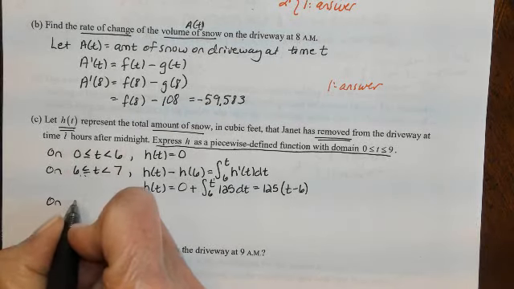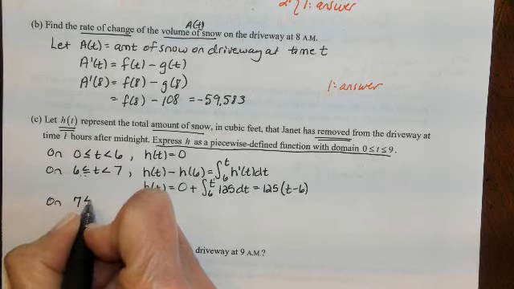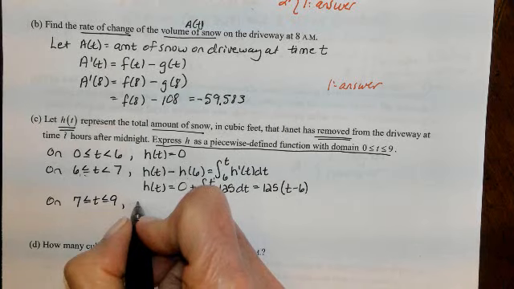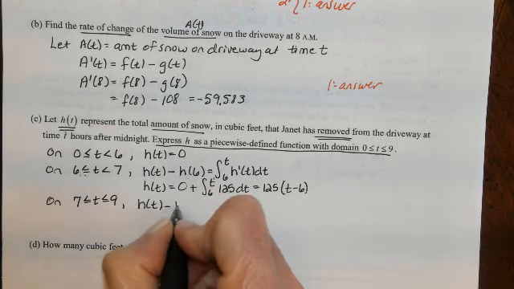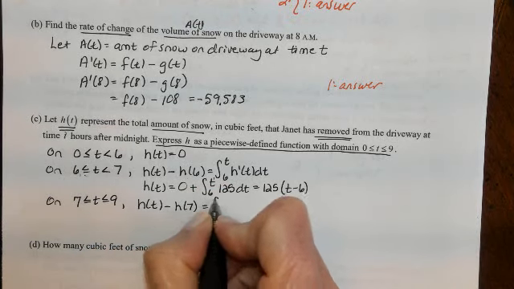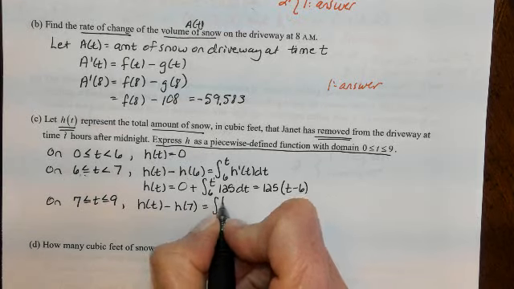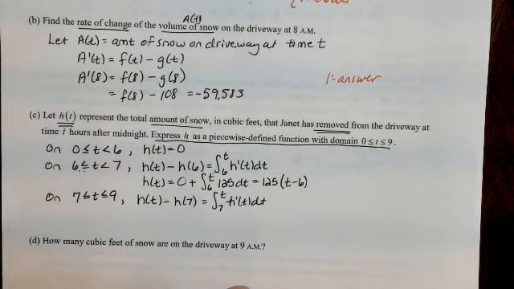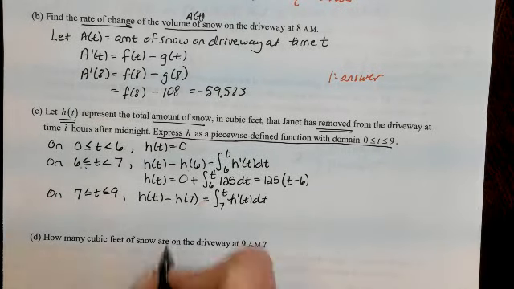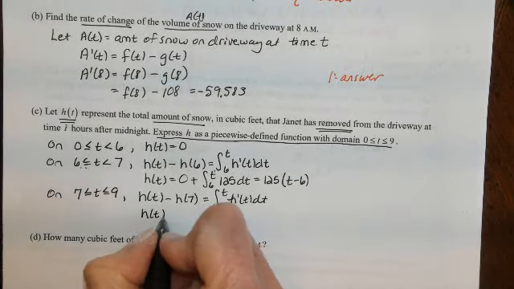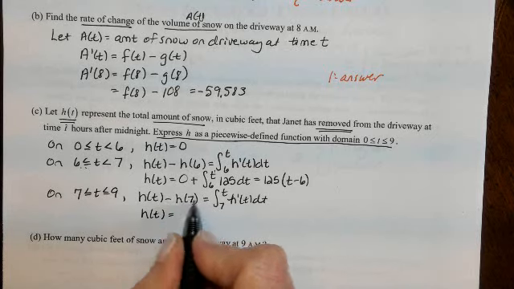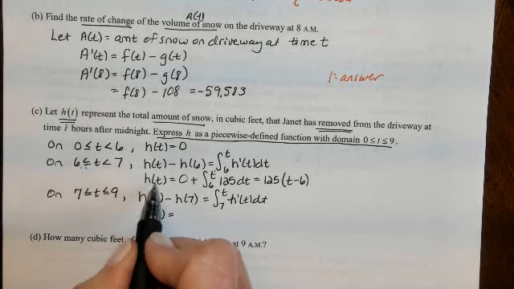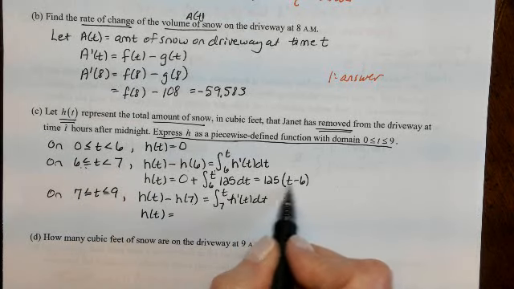Now we're going to do the same thing for the next interval from 7 to 9. So from 7 to 9, h of t minus h of 7 will equal the integral from 7 to t of h prime in that interval. Okay? So h of t will equal h of 7. Well, we can come up here and use this value, h at 7, from this expression.